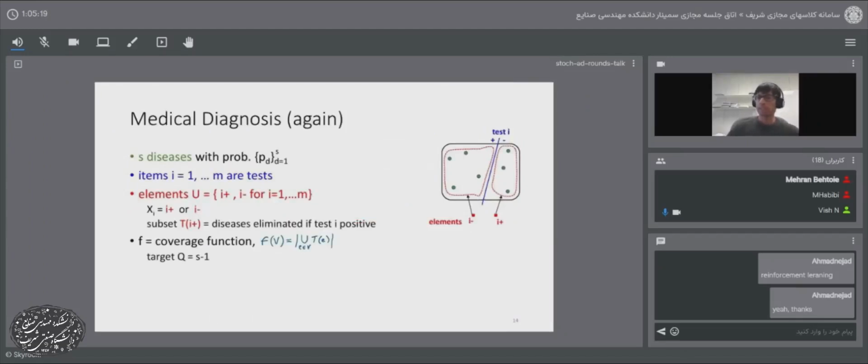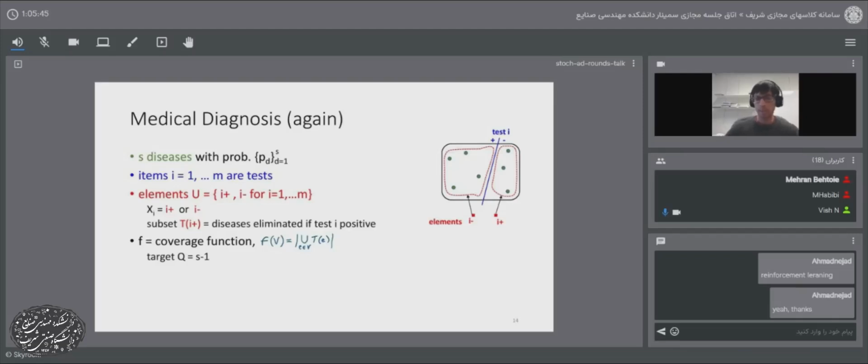So the submodular function is again going to be a coverage function. If we take any subset of elements, we just take the union of all the subsets, and we take the number of diseases in that union. So in other words, the submodular function captures the number of diseases that have been eliminated based on the test outcomes we have seen.